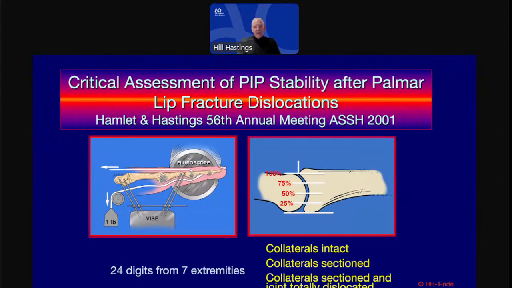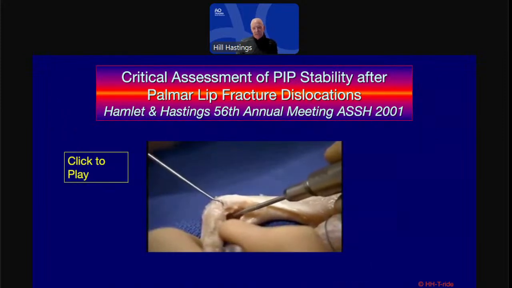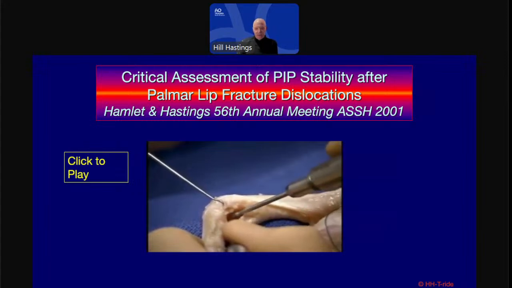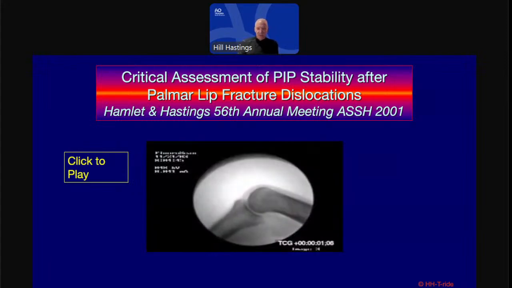Way back some 20-something years ago, Ward Hamlet and I looked at what factors might create stability or instability, and also whether the presumed collaterals offered any stability to the joint. So this is in a nutshell what we did. We just incised between the proper collateral and the accessory collateral.